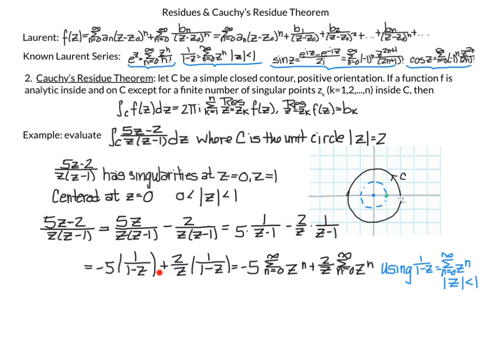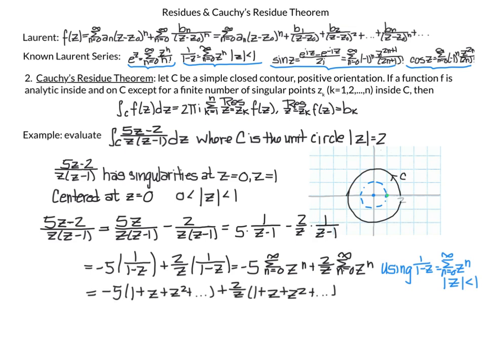Here this negative becomes positive 2 over z times 1 over 1 - z. Because I have exactly this form, I can substitute for 1 over 1 - z the summation of z to the n. So I have negative 5 times the summation n = 0 to infinity of z to the n, plus 2 over z times the summation n = 0 to infinity of z to the n.